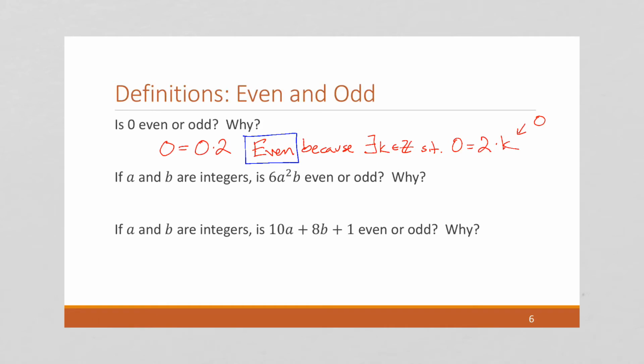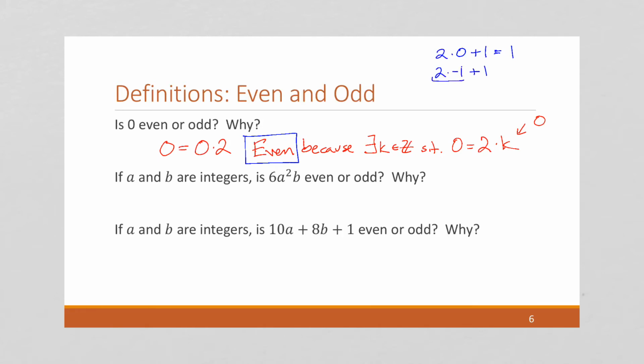Let's see, could we plug it into our odd definition? Could it be 2 times anything plus 1? Well, 2 times 0 plus 1 is 1. Can't think today. Because 2 times 0 is 0, plus 1. What about 2 times negative 1 plus 1?